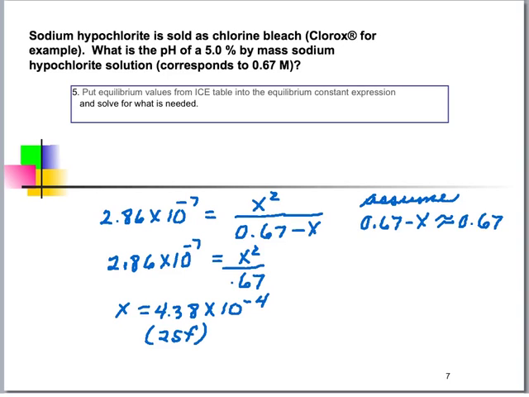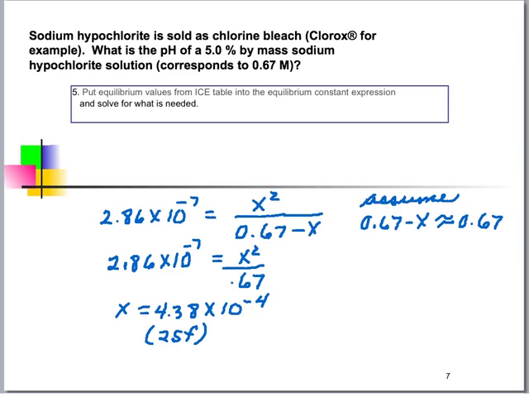And to make the math easier, we do our usual assumption of saying maybe that x is very small compared to the number it's being subtracted from. So that gives us a much simpler equation to solve. The x squared over 0.67 equals 2.86 times 10 to the minus 7th. It ends up giving you x equals 4.38 times 10 to the minus 4th.